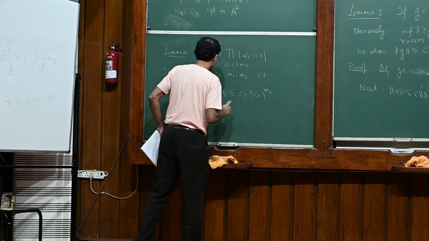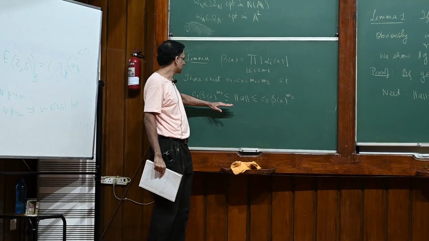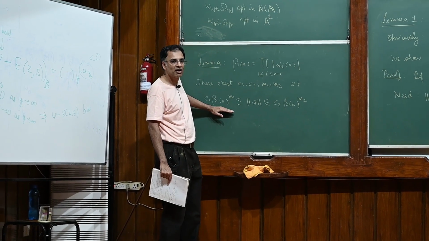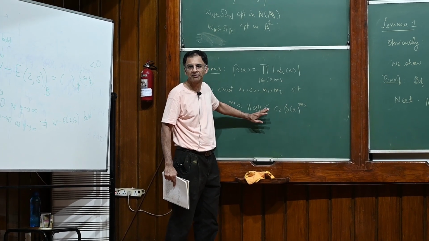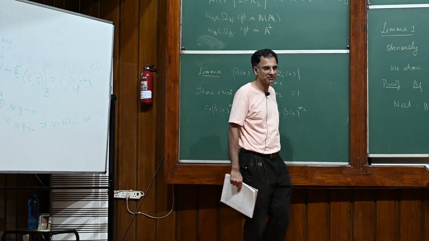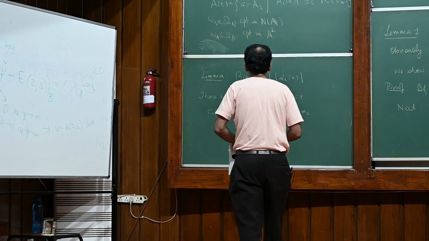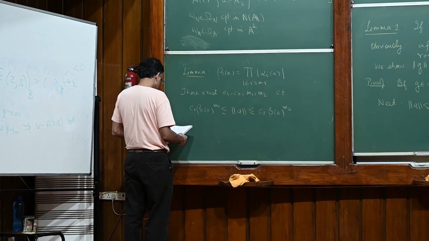So what we are saying is, as far as moderate growth is concerned, whether I bound by some power of beta A or by some power of norm A amounts to the same thing. So if I want to prove moderate growth, it's enough to bound by some power of beta A, because these two are comparable. So this is true for anything.